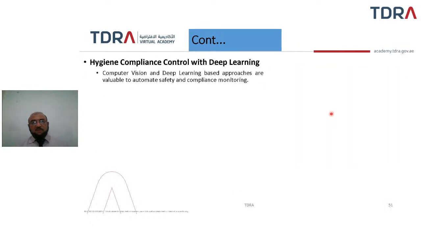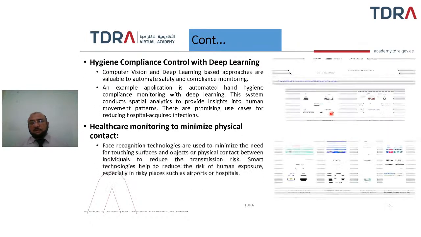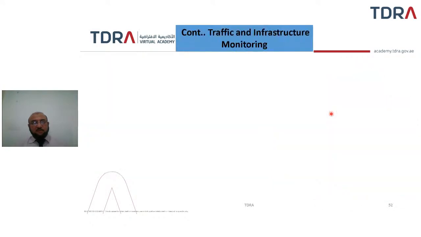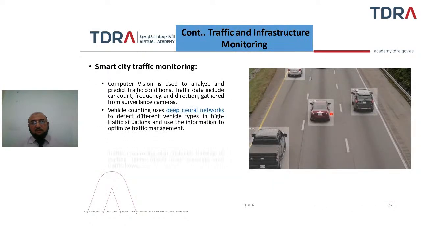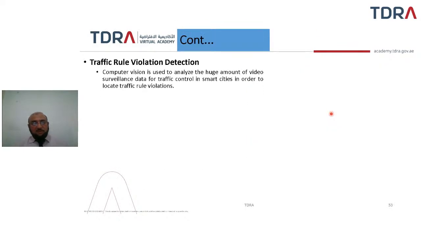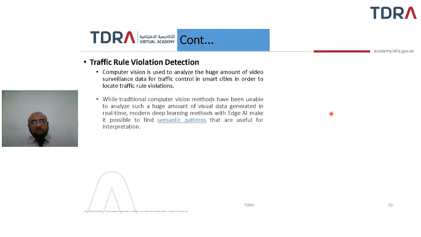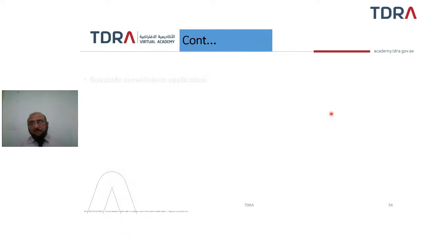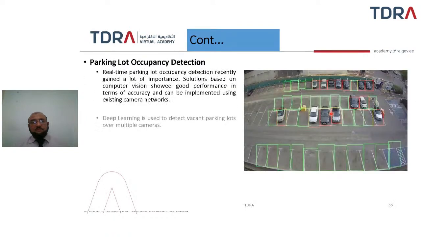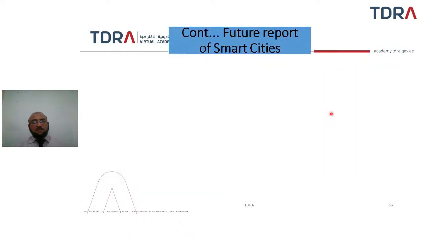Then we have hygiene compliance control with deep learning, like healthcare monitoring to minimize physical contact. Then we have smart city traffic monitoring. We can use deep learning for traffic rule violation detection. Then we can use roadside surveillance applications. Then parking lot occupancy detection.